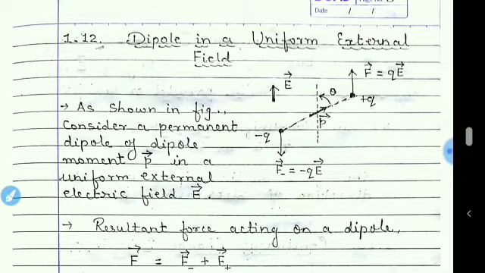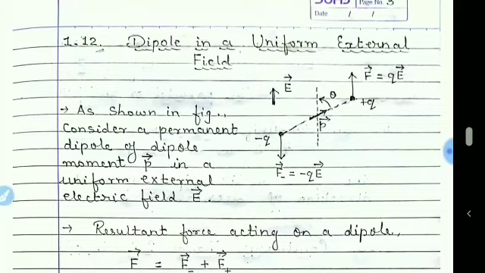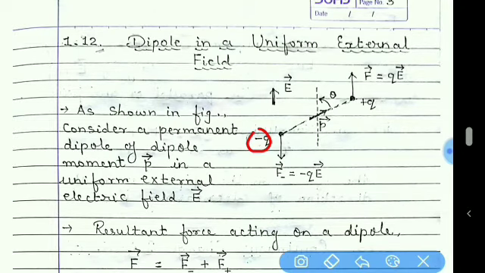Now when this electric dipole is placed in an external uniform electric field, what happens? The force will act on the negative charge, that is on this charge, as well as on the positive charge.